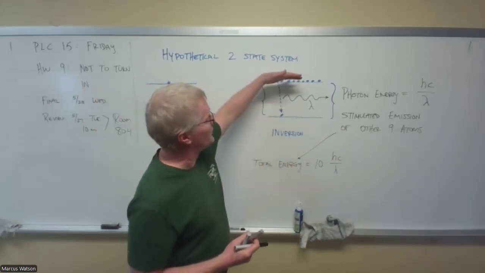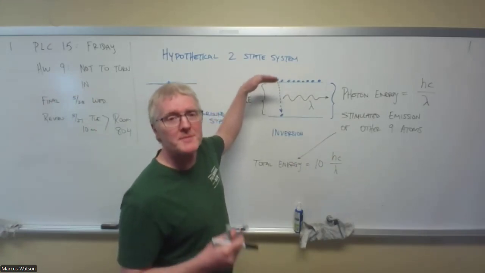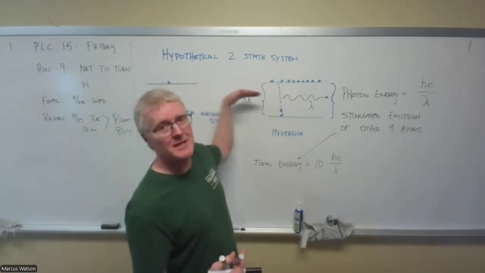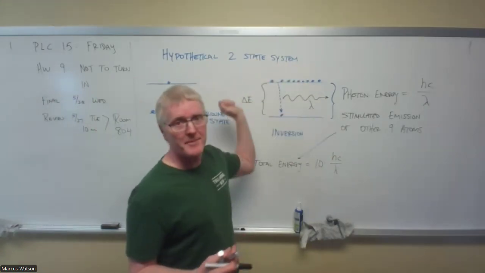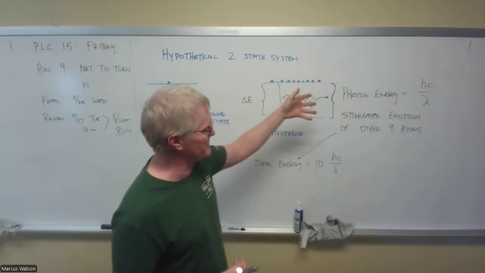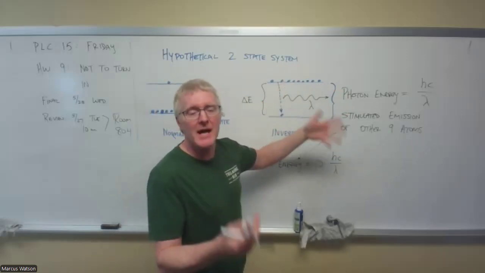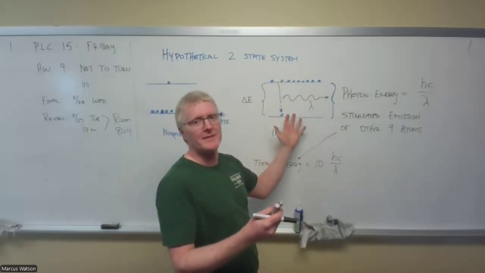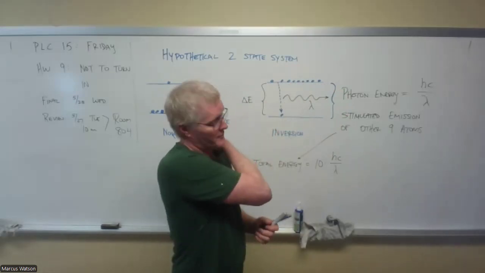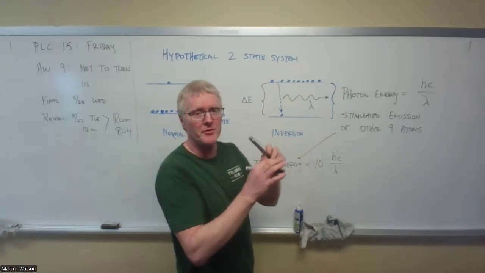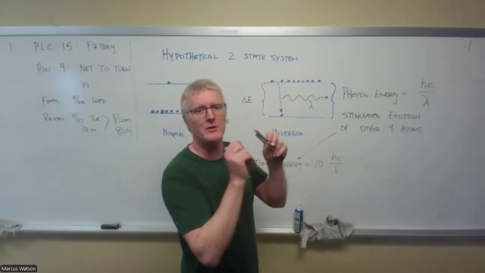So that one spontaneous emission causes stimulated emission of this population of atoms. They all drop, they all emit their photons, and then it takes us time to slowly put them back up, put them back up, put them back up. Okay, and therefore the laser pulse is regular in time.